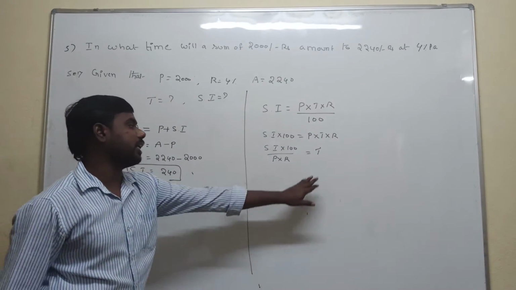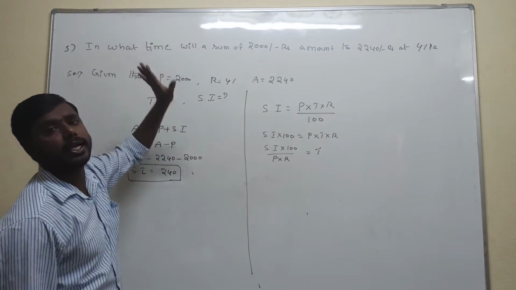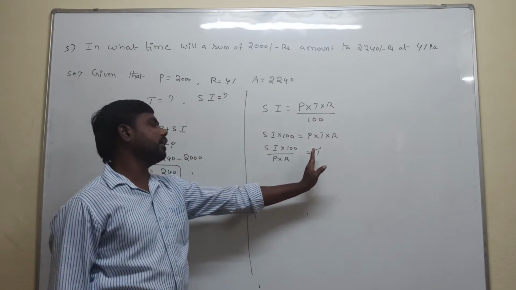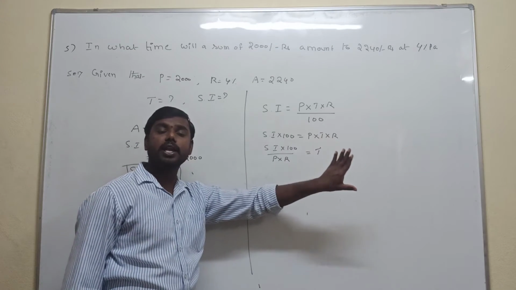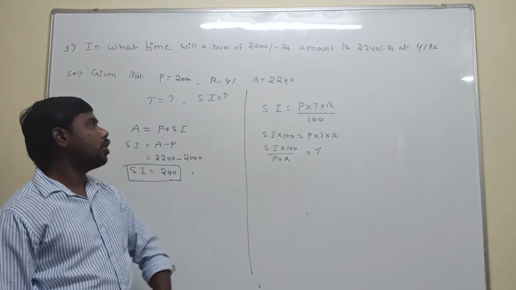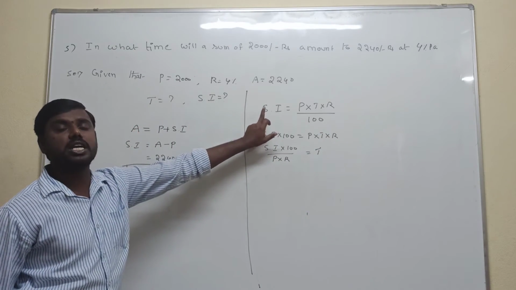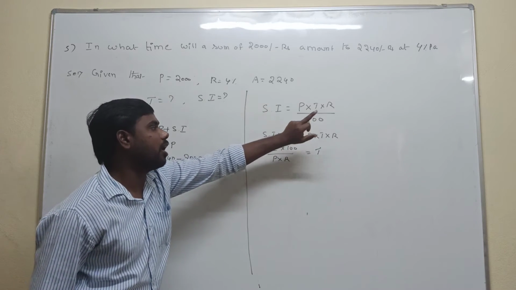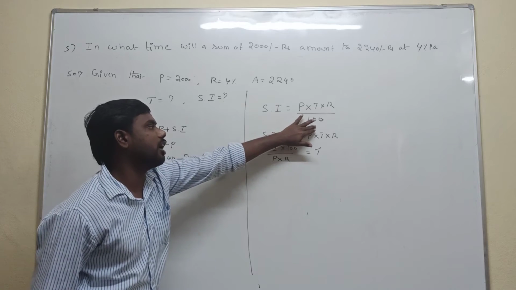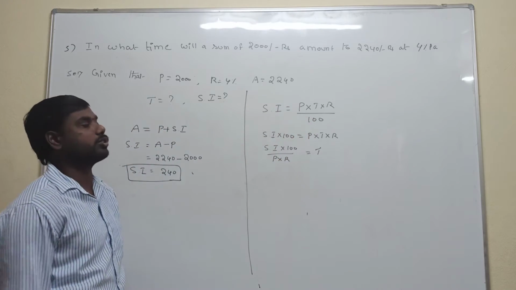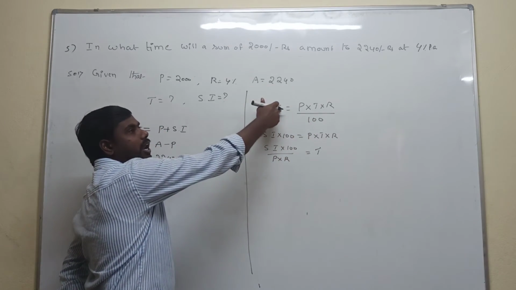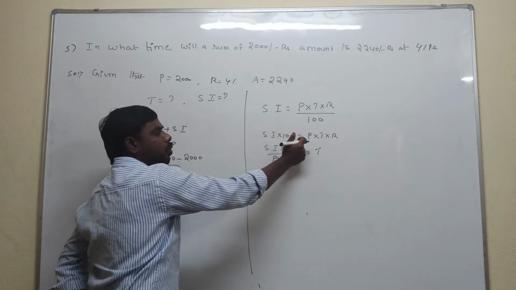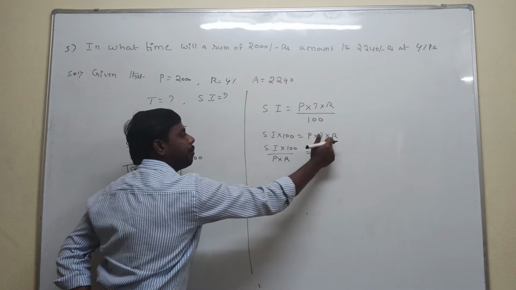Why are we taking T only? Because they are asking to calculate time. That's why only T is kept on one side, and the remaining values go to the other side. On the left hand side, only simple interest is there. So 100 from the RHS denominator goes to the LHS numerator: S.I. into 100 is equal to PTR.